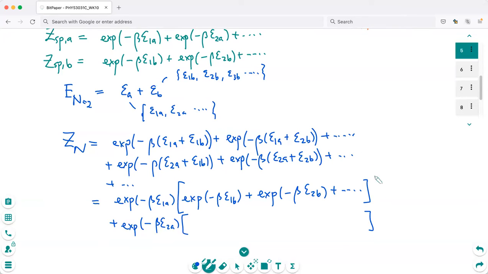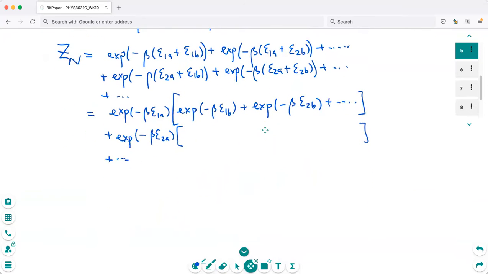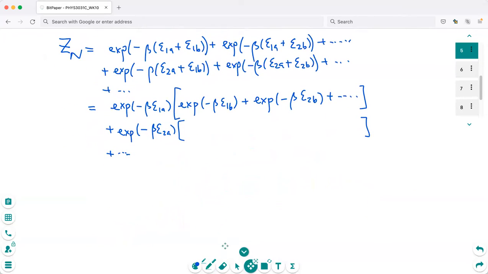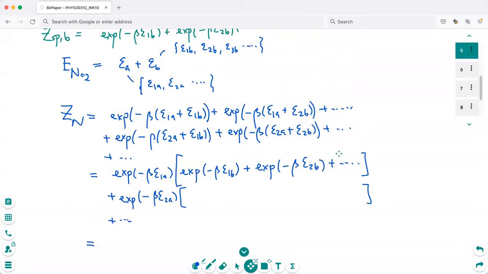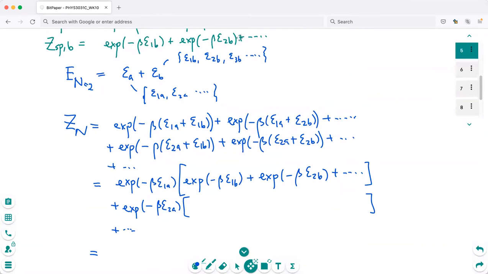This is the first line, the second line, and the third line I don't want to write. What is inside this square bracket? In this square bracket, you sum over all exponential factors, and you recognize it. This is just this line here, the one in green. So this is done. All of them have the same square bracket for each line, so that is a common factor that you can pull out.